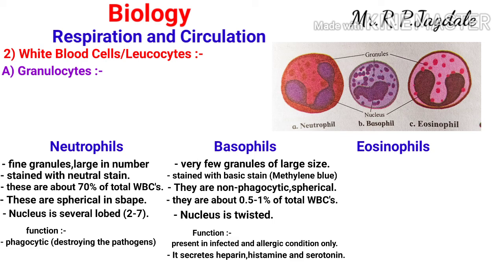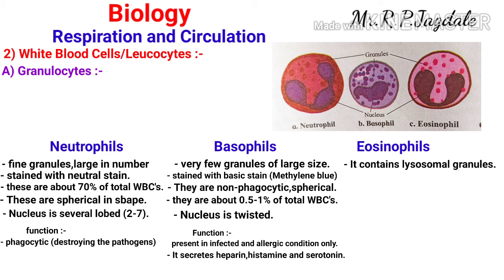Now coming to the third, that is called eosinophils, or we can call them acidophils. Eosinophils contain lysosomal granules. You can see the granules on the eosinophils very clearly, red colored granules.